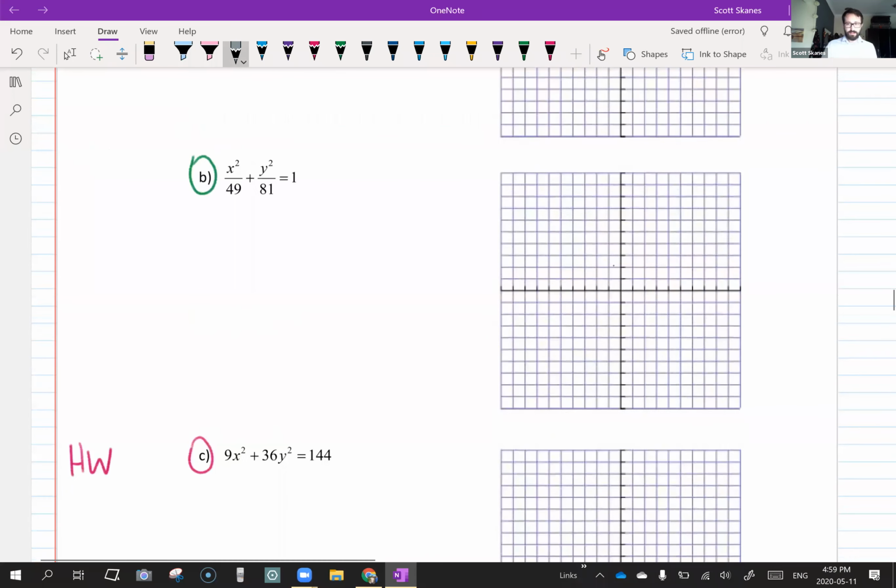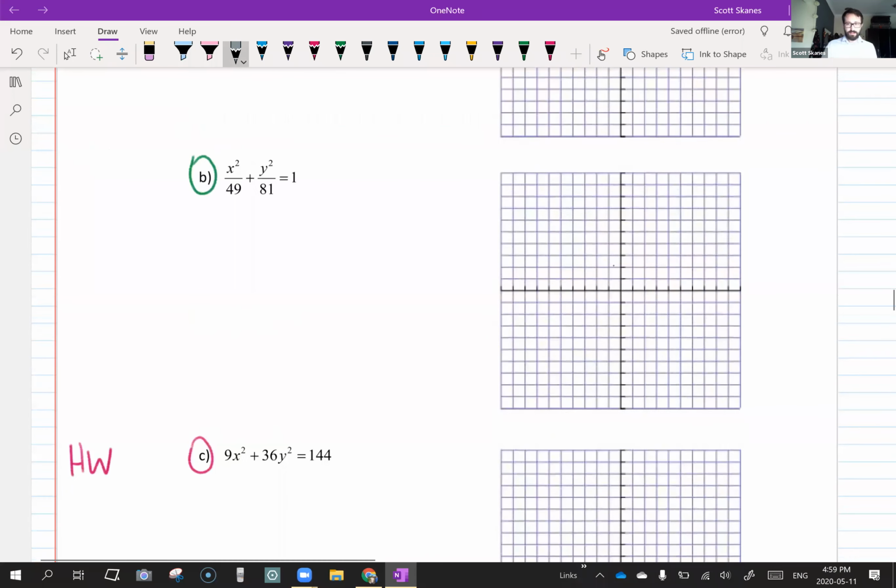Okay, center 0, 0. Get a squared. It's the bigger one. A squared is 81. That means a is 9. B squared is 49. B is, what's 49? It's 7 squared. You can just use your calculator.